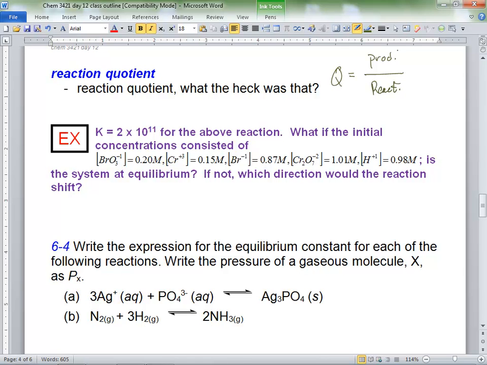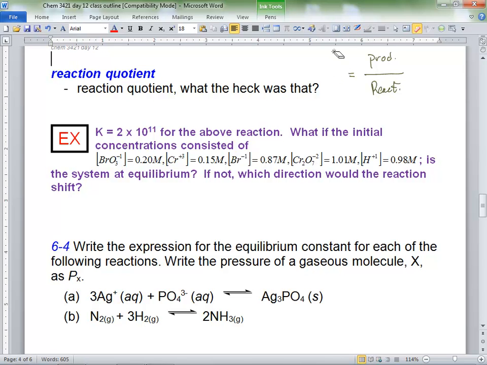Q is the concentrations of the products over the concentrations of the reactants, raised to their stoichiometric coefficients. You're not sure if it's at equilibrium. That's the whole point. You're given all these concentrations and you don't know if you're at equilibrium or not. To me, all you need is that one expression, K, and if you plug it in and you do not get the K number, whatever the book or Google says, you know you're not at equilibrium.